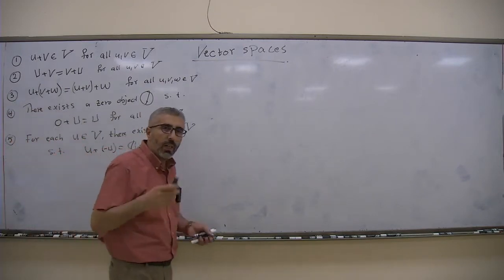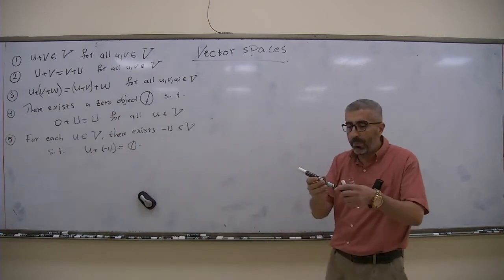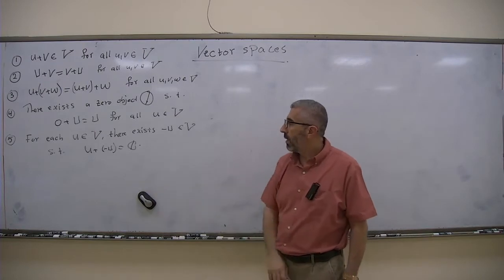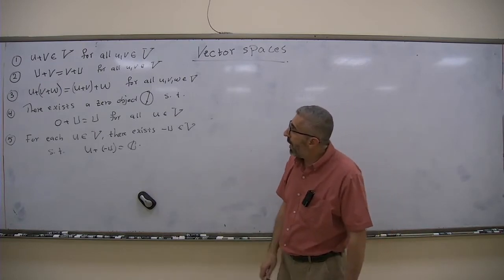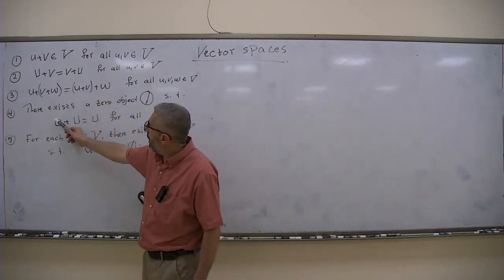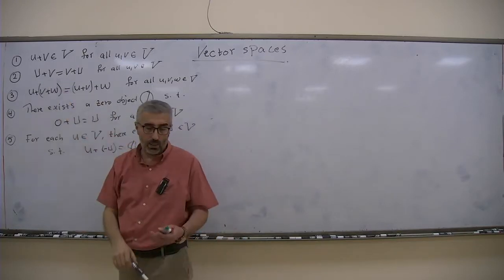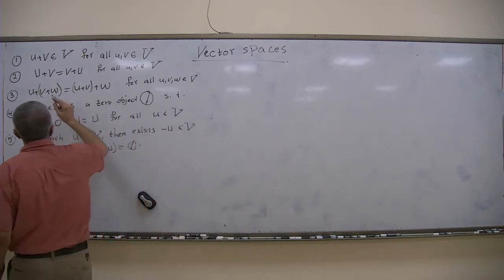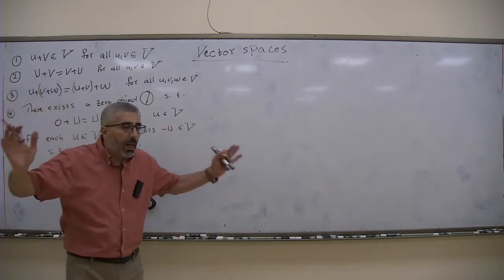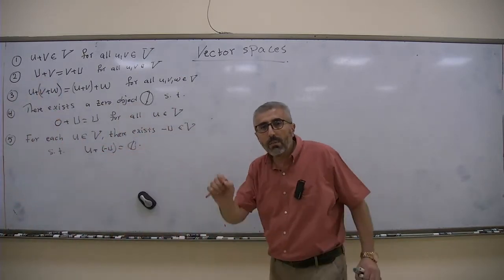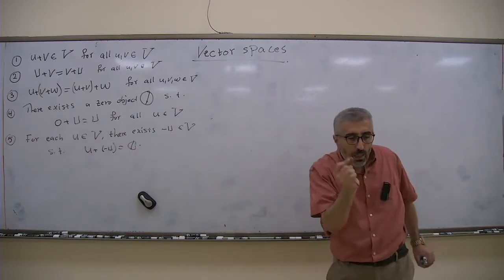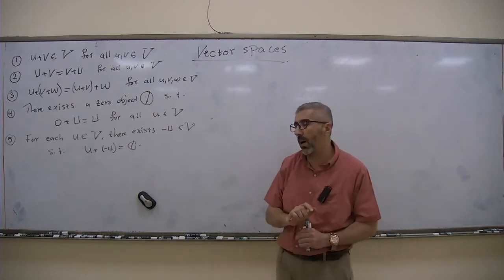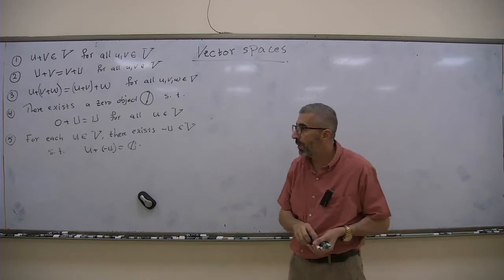So for each vector you take, there is something like the opposite, where when you add them, you get the zero vector, or the zero object. So here, in those 5 conditions, I am focusing on the addition, okay? Now, again here, maybe it is good to stress that this addition here, it is an operation you define. It doesn't mean here I'm talking about the addition that you know from your first grade math. It is an operation you define that will satisfy those 5 conditions, okay?